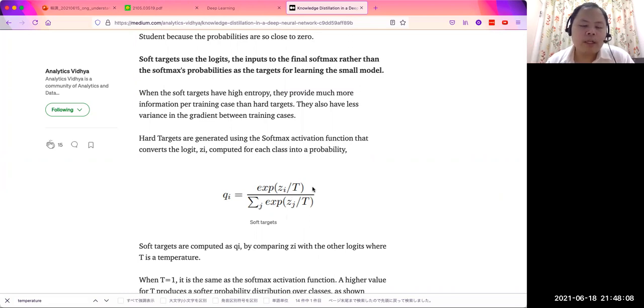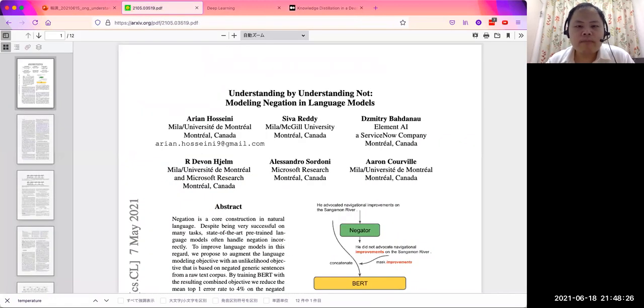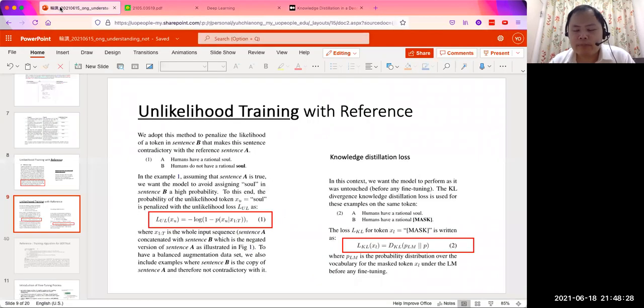By varying this number T, where 1 is obviously the default, if you increase it to 2, 3, 4, you can make the whole measurement softer, meaning that the probability of a final answer is more fuzzy and softer. I'm not going to go into very deep detail of the knowledge distillation loss. Just know that if you go in that direction, you'll be able to find more details on it.